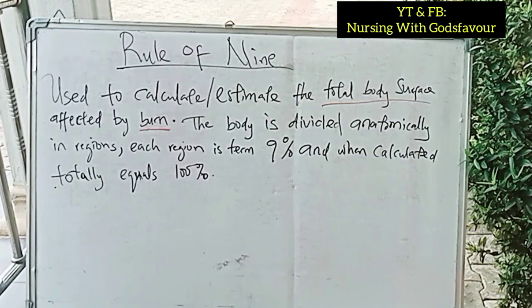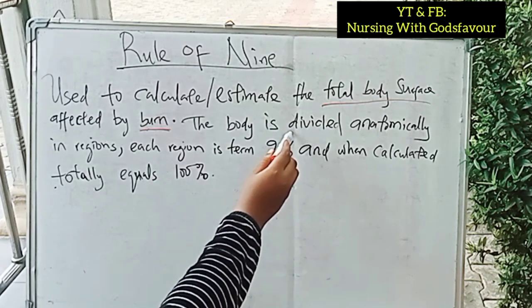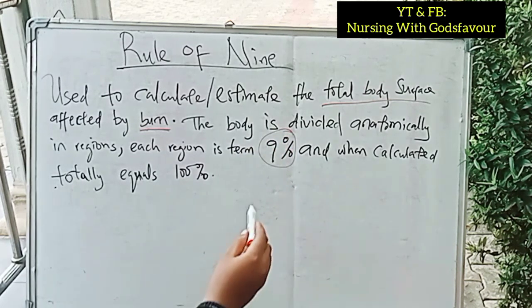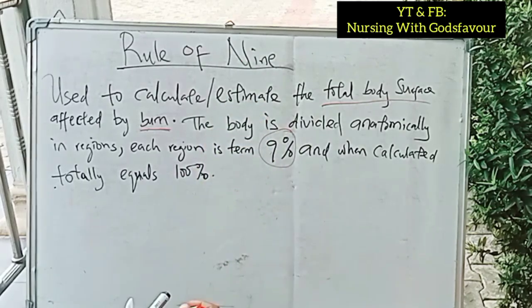The body is divided anatomically into regions, and each region is termed 9%. That's where the word 9 came from. But when the whole body is affected by a burn, we can say a patient is having 100% burn.